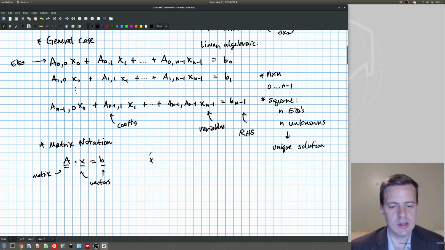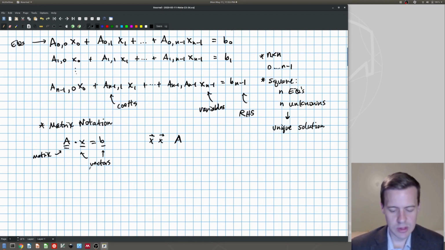Maybe in your math class, you've done something like this for a vector, and then I don't know what you do for a matrix. Usually in a book, they'll have big, bold letters for the matrix. But I'm not going to do that. This is what I do by hand. I think it's convenient. I'm also going to represent this product between A and X as a dot product. We talked about that in a video a couple days ago, and we're going to see it again today. I think it's useful to write it that way.